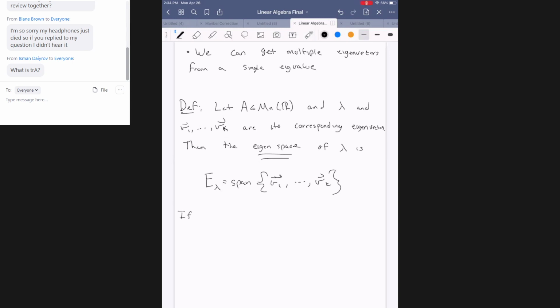If v1 through vn are all eigenvectors of A, then this space right here, which is V such that V is an eigenvector of A union the zero vector.